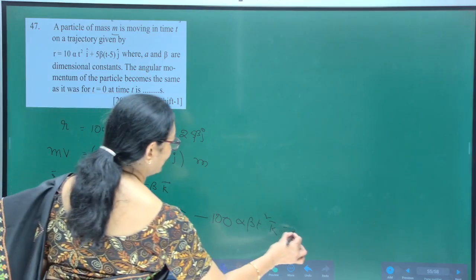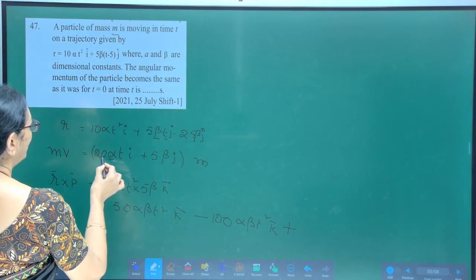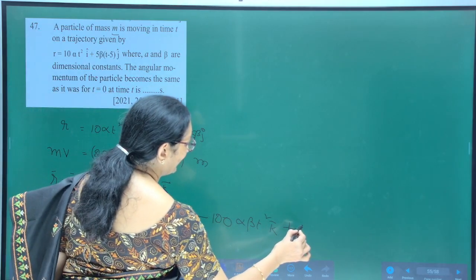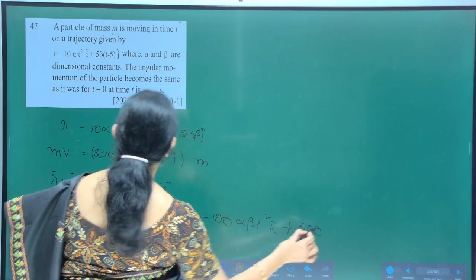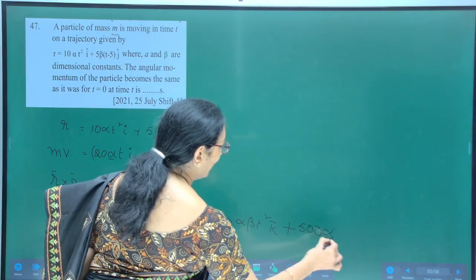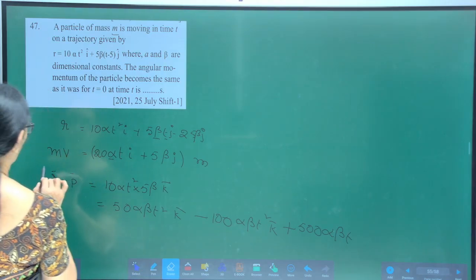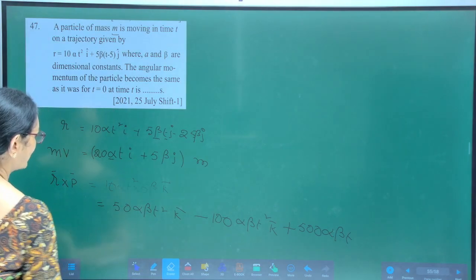So, this becomes plus 25 into 20, which is 500 alpha beta t k bar. Is it okay? So, we found r cross p here.